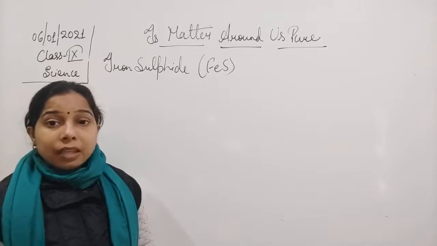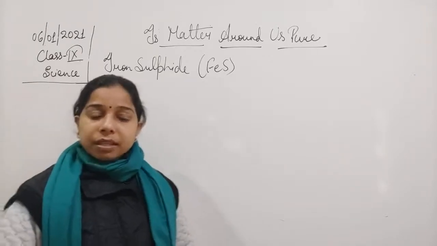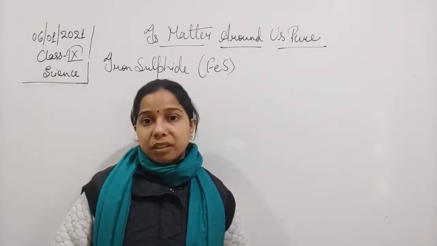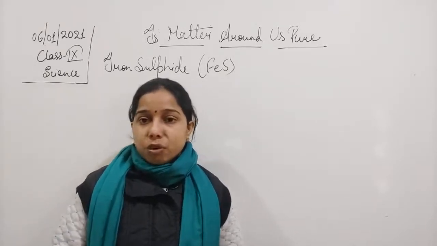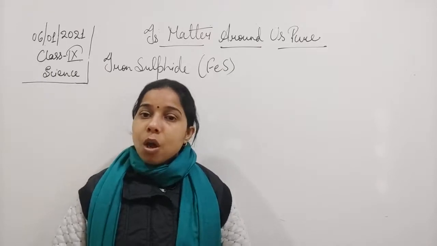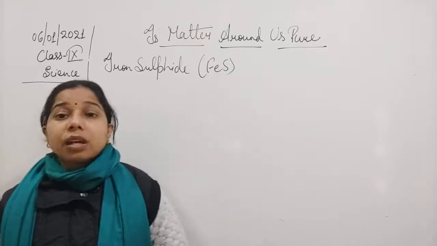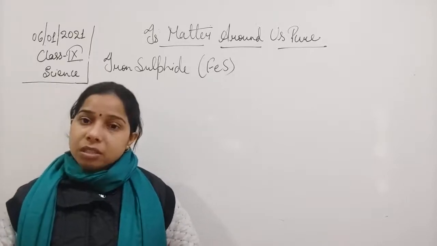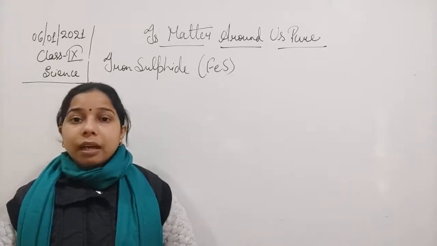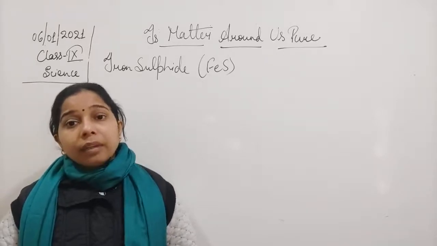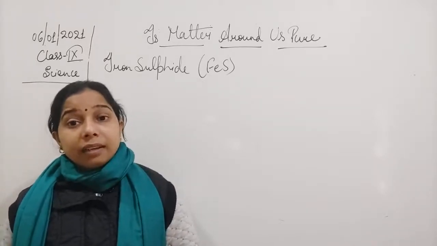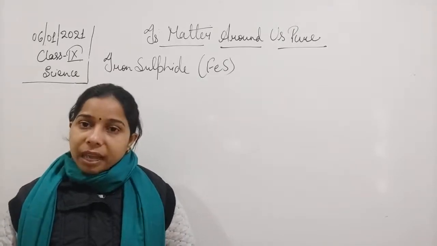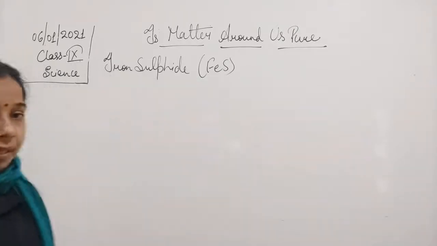But in the case of the mixture, when we take a magnet near the heap of iron filings and sulfur, we find that the iron filings get attracted towards it. So by this, students, we are able to distinguish between these two: the compound cannot be separated by any physical means, but the mixture can be separated by physical means.